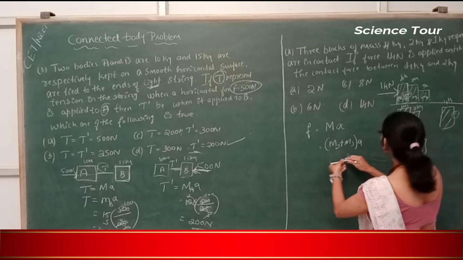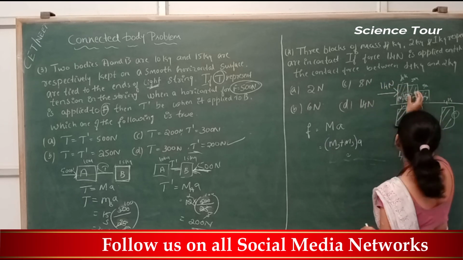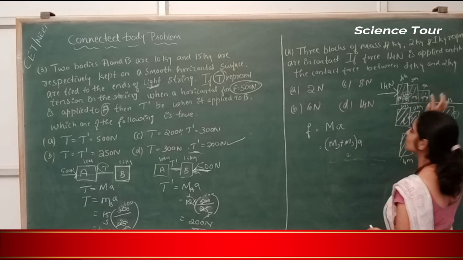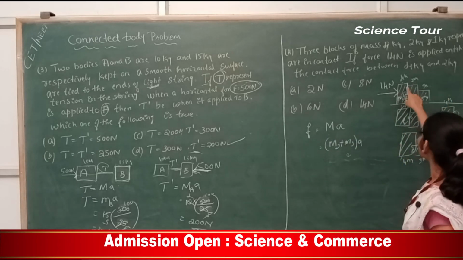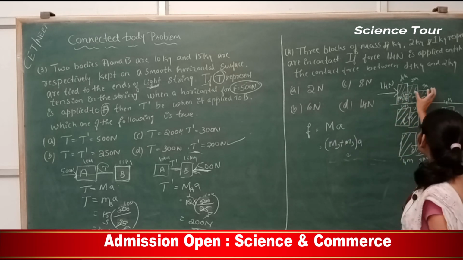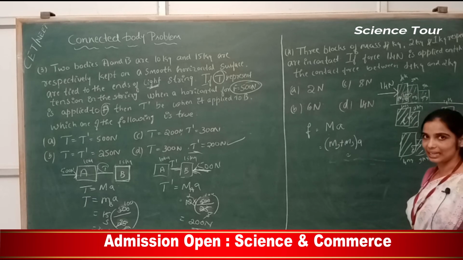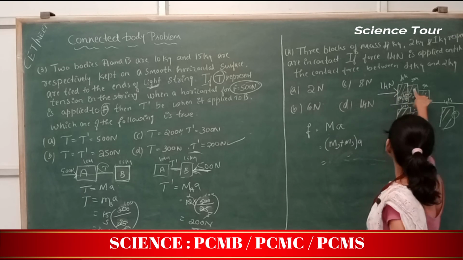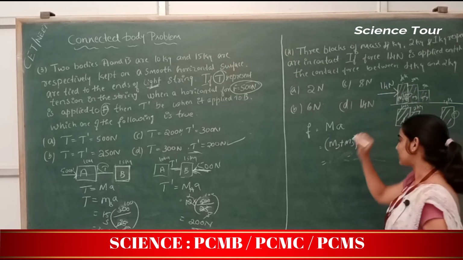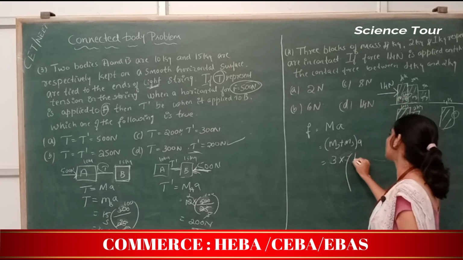So the 4 kg is pushed by 14 Newton, but this contact force is responsible for the acceleration of these two. So the contact force here is nothing but the masses on which the external force has not acted. Agree?